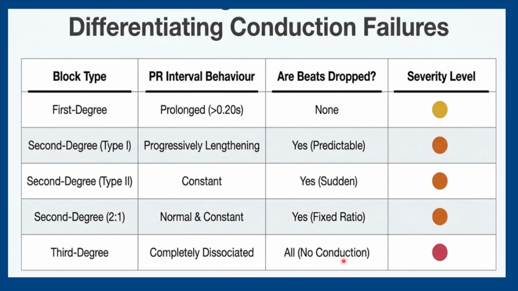Also, we don't have the principle of dropped beats because there is no conduction between the atria and the ventricles. So all the atrial beats are dropped because they don't pass to the ventricle, but the ventricle is stimulated through the ventricular cells, which will generate wide QRS complexes.